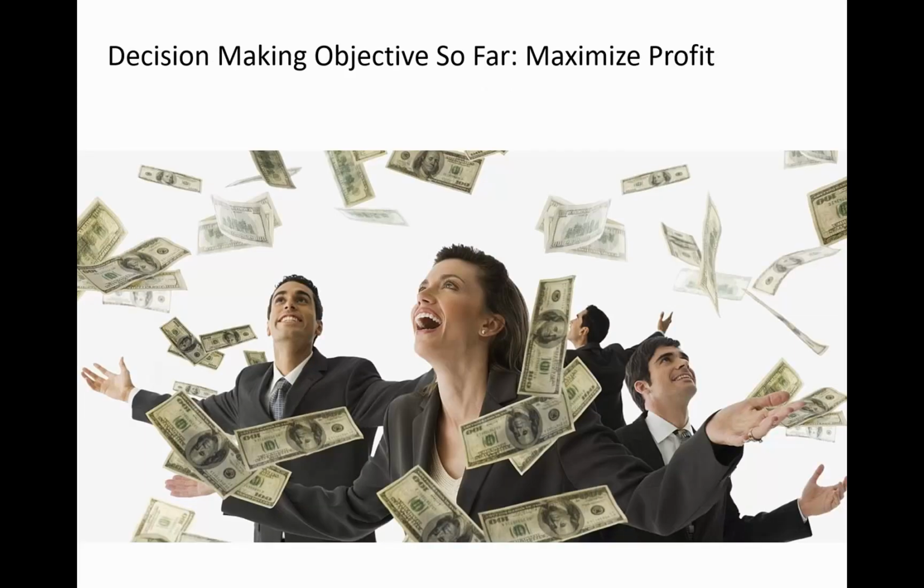All right. Well, till now, the course has focused almost exclusively on the idea that money is everything, that our objective should always be to maximize profit and focus on essentially nothing else.